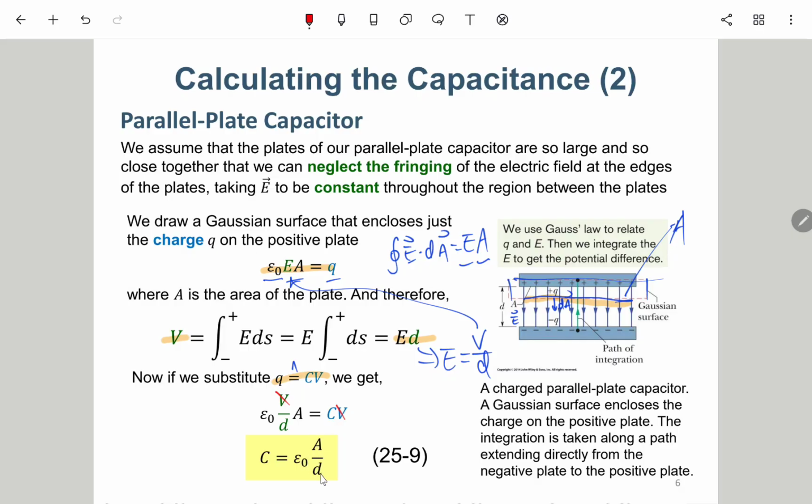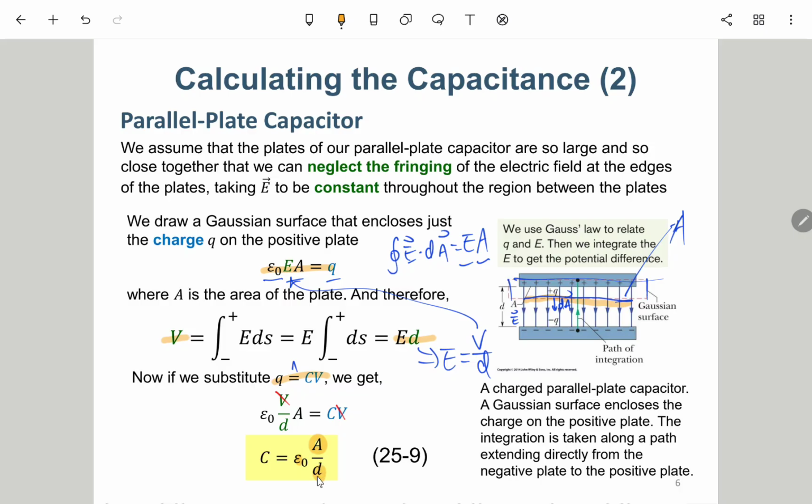This is quite elegant. C is, this one is the permittivity constant, 8.85 times 10 to the negative 12. And then this is proportional to the cross-section area of the capacitor. So if the cross-section area is larger, then the capacitance is proportionally larger, and inversely proportional to the distance.